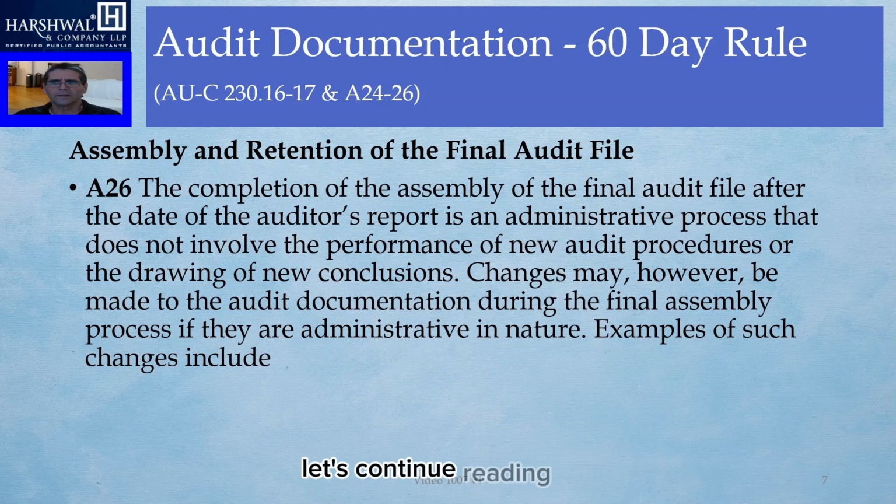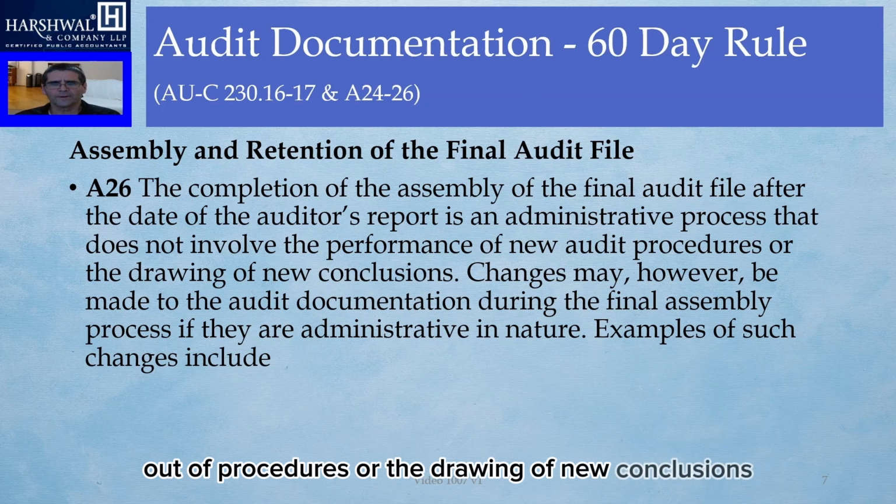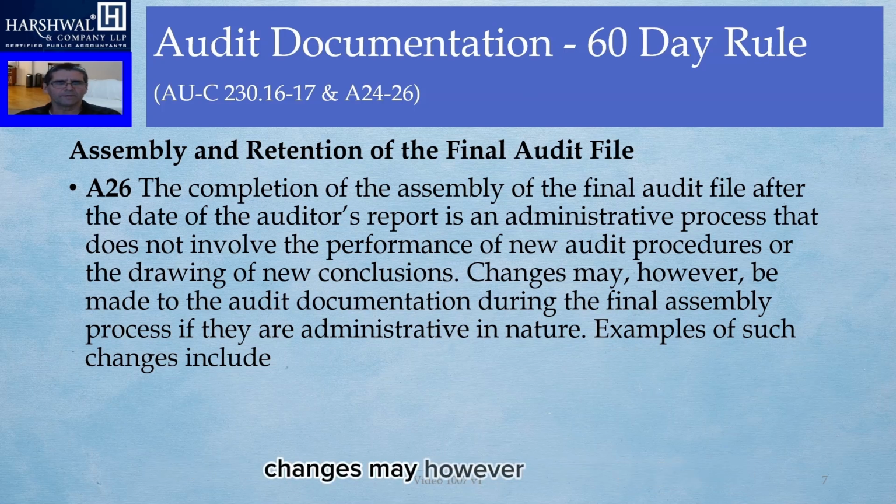Let's continue reading paragraph 826. The completion of the assembly of the final audit file after the date of the auditor's report is an administrative process that does not involve the performance of new audit procedures or the drawing of new conclusions. Changes may, however, be made to the audit documentation during the final assembly process if they are administrative in nature.